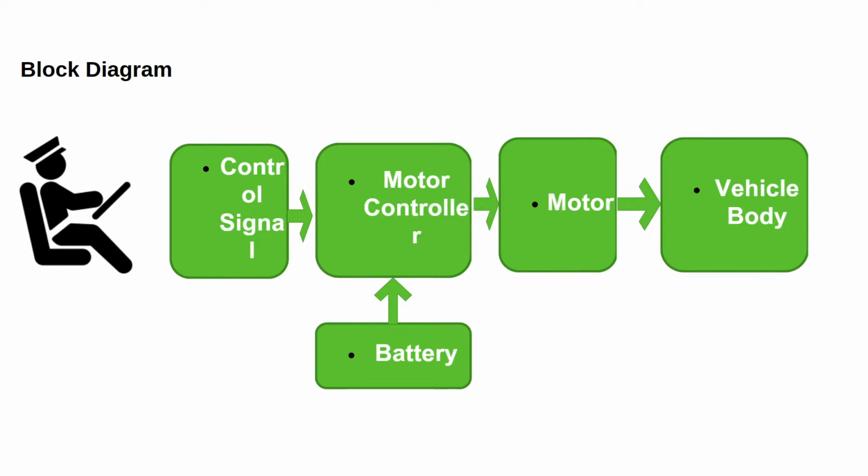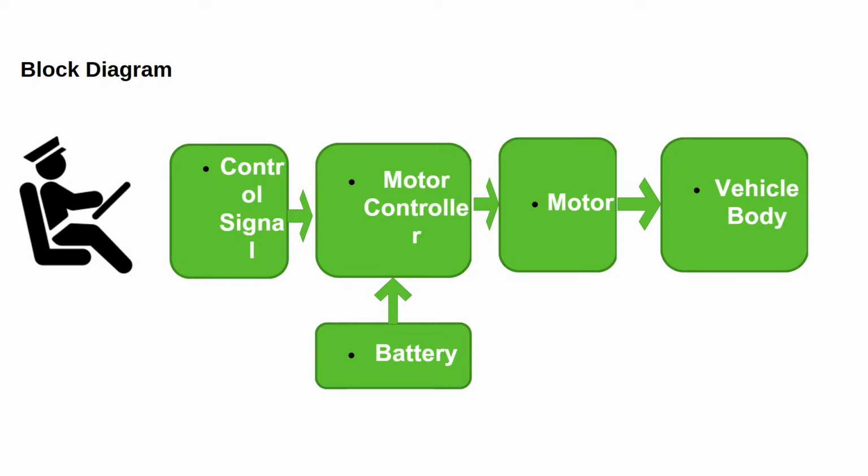So next one is the vehicle body. What is the purpose of the vehicle body? The vehicle body includes various components: the steering system, brakes, suspension and wheels, which affect the vehicle's stability and overall performance.